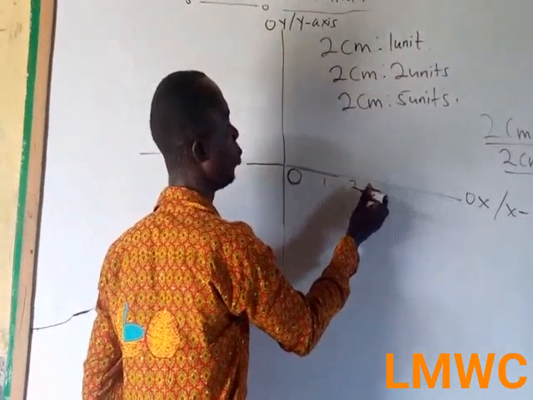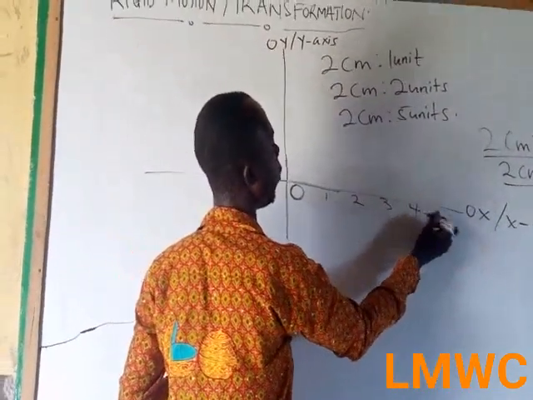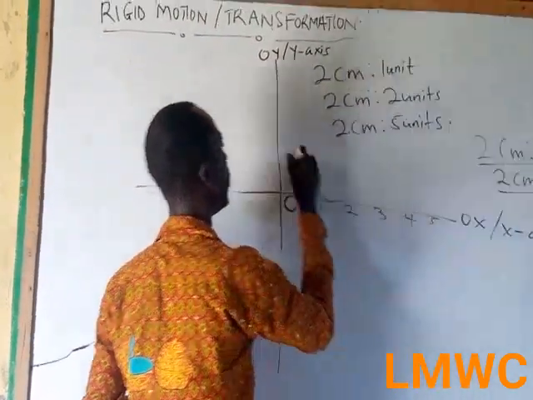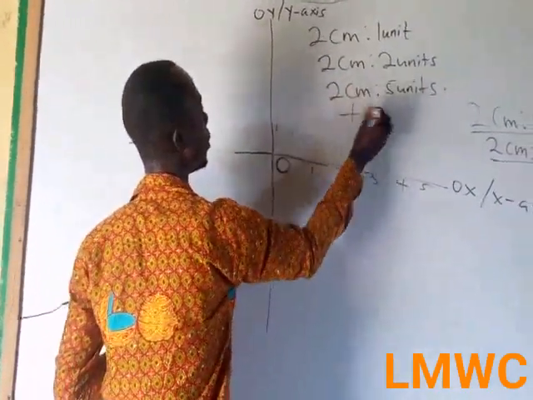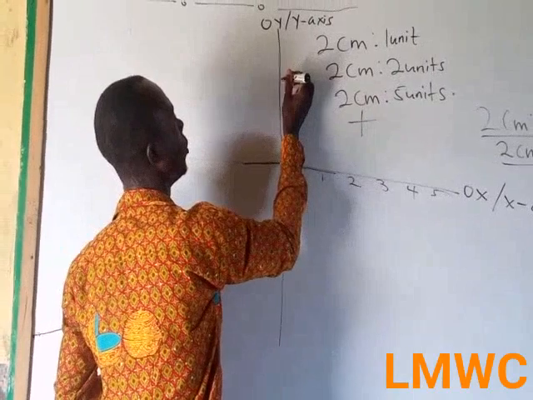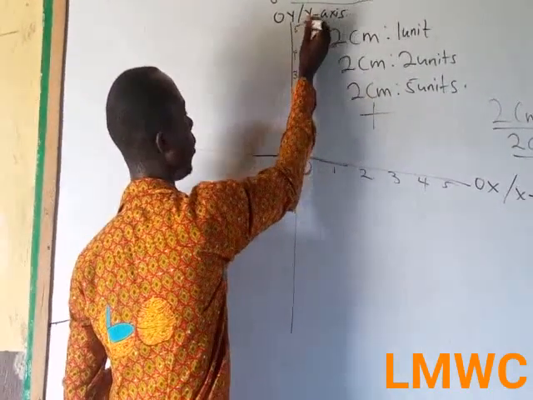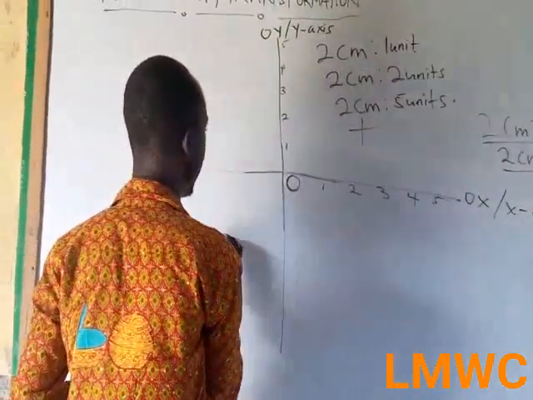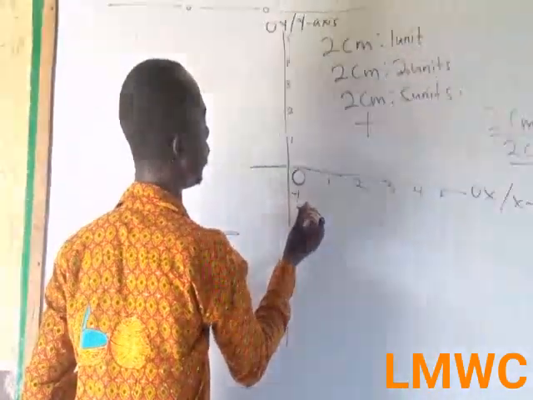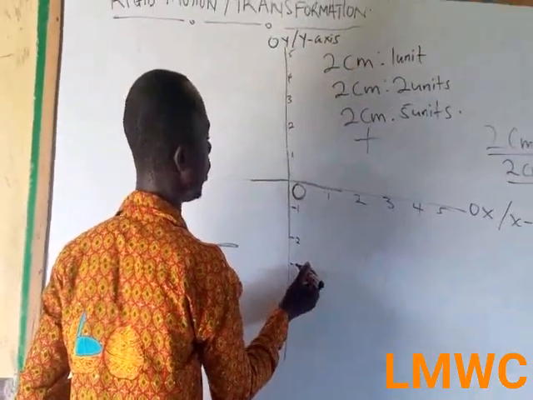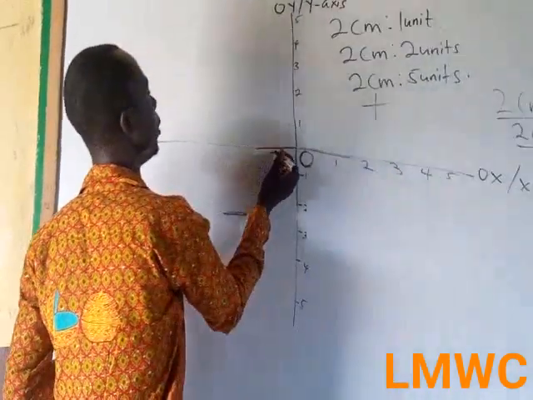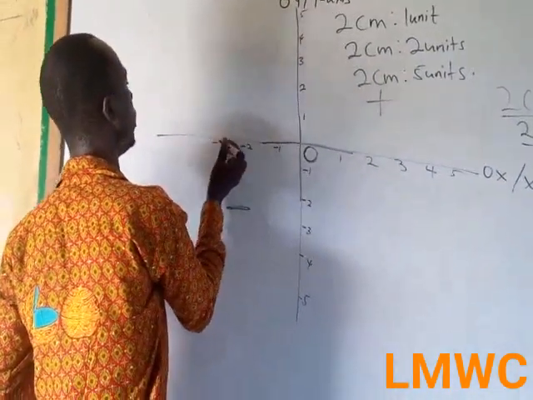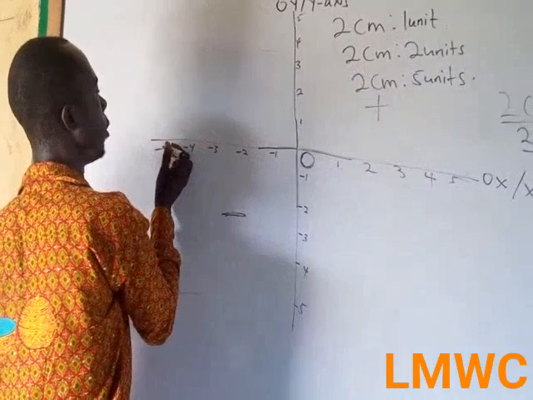So 1, 2, 3, 4, 5 on the positive side. This is the negative side. So negative 1, negative 2, negative 3, negative 4, negative 5.